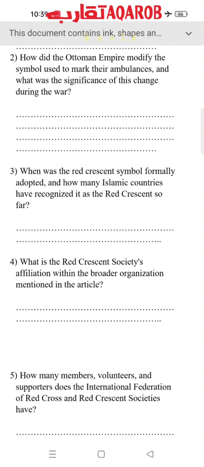So the Ottoman officials modified the symbol used to mark their ambulances by choosing a red crescent instead of the red cross. This change was significant as it addressed the Ottoman Empire's historical associations and provided an alternative symbol during conflicts.